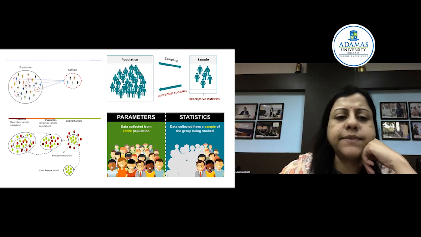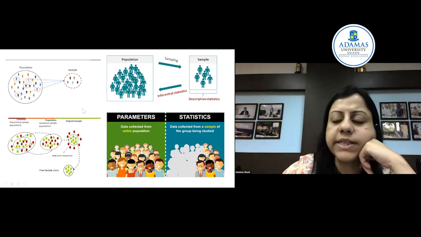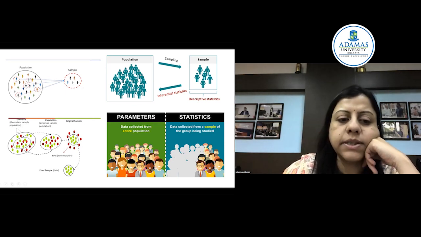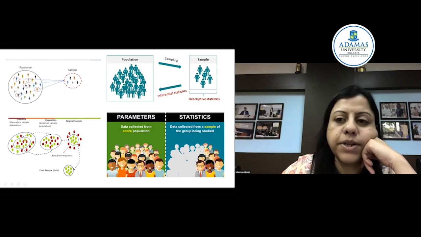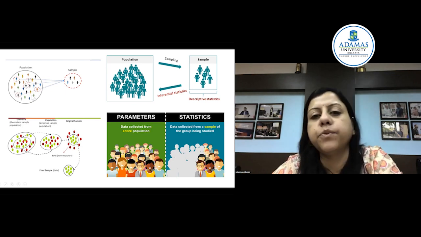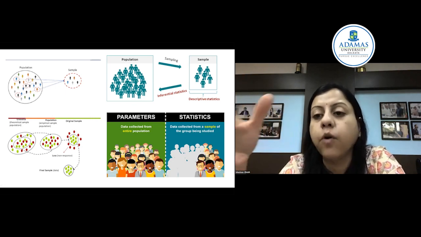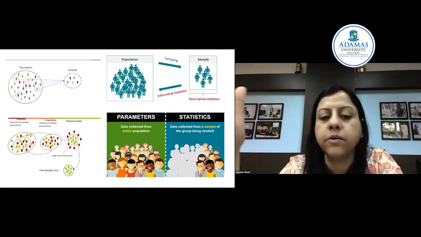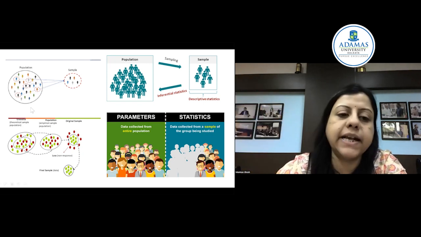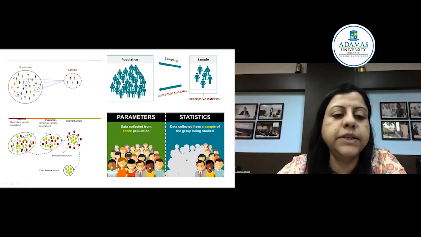The figure on the left side talks about population and sample. Population means anything which is very large, but here also we have to know that population is not something that is evolving or emerging in silo. The population actually comes, if you just see below, from the universe.